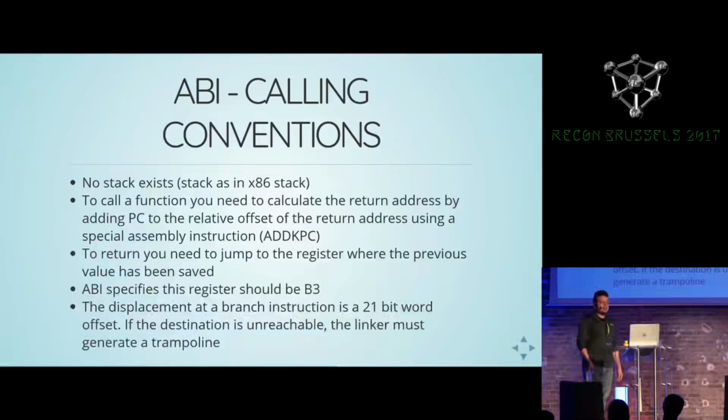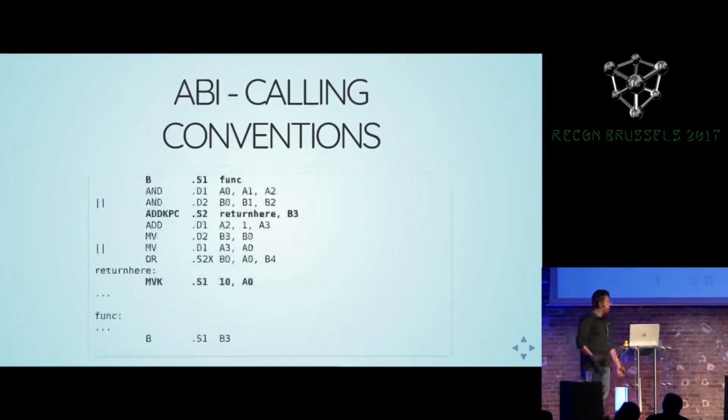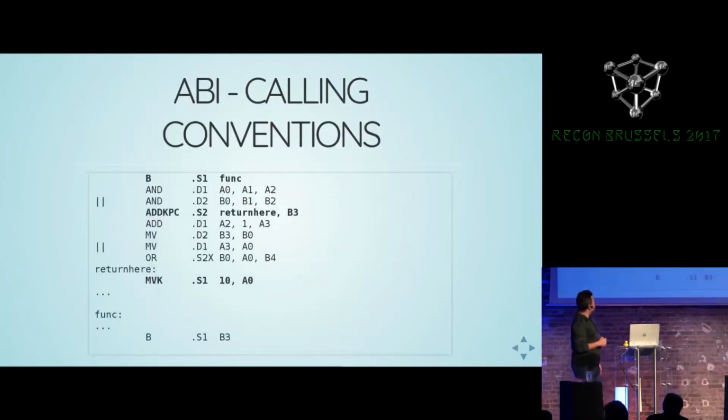Then you store this to a register B3, and you jump to the target, and finally to return, you jump back to B3. If the displacement is larger than a 21-bit word, the linker must generate some trampolines to jump to the final location. This is an example of a jump.